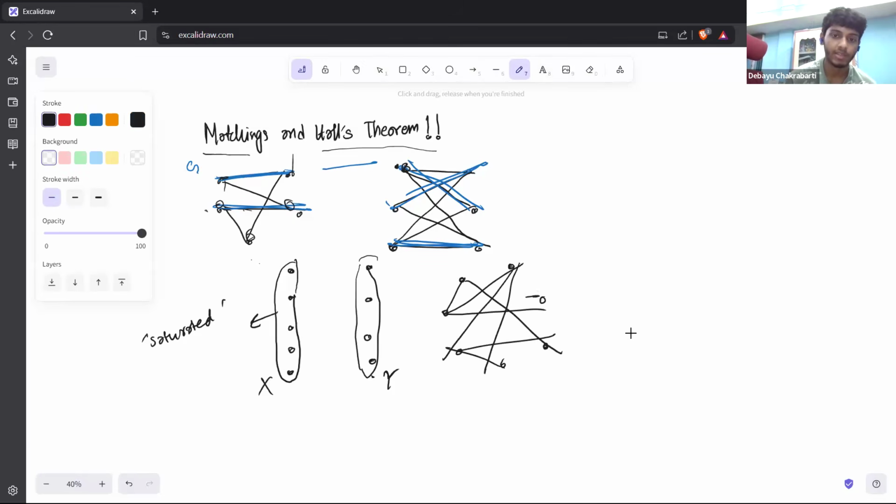Okay, let's label them V1, V2, V3, V4, V5. Could some of you suggest a matching for this graph? Any matching.